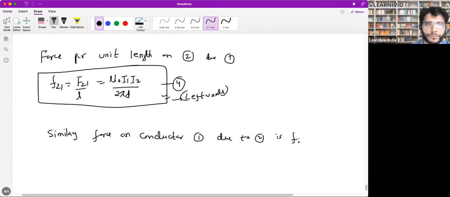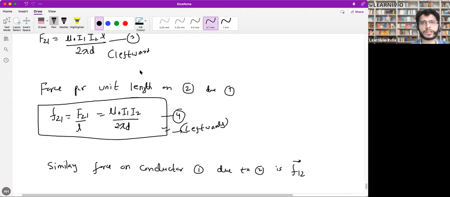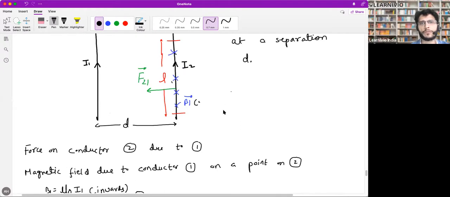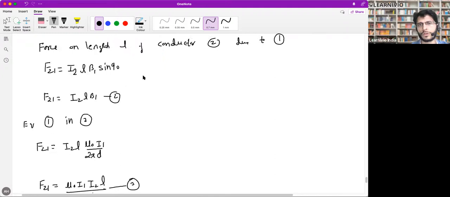So this one is force on conductor 2 due to conductor 1, F21. And then we have force on conductor 1 due to conductor 2, that's F12.